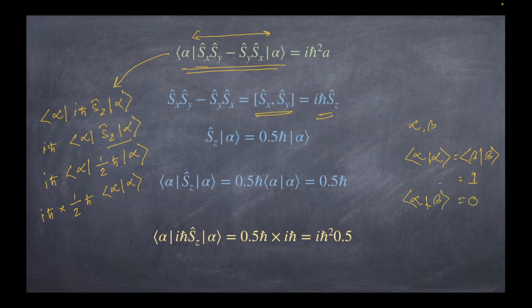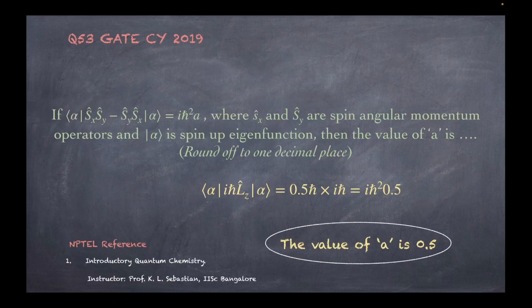So here the alpha alpha Dirac bracket will be 1, or identity. So it will be i h bar times half h bar, that means i h bar square times 0.5. In this operator expression we have to find the value of A, so A is 0.5. So the value of A is 0.5.